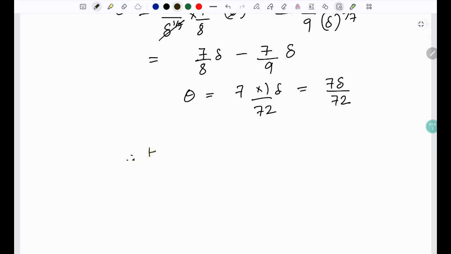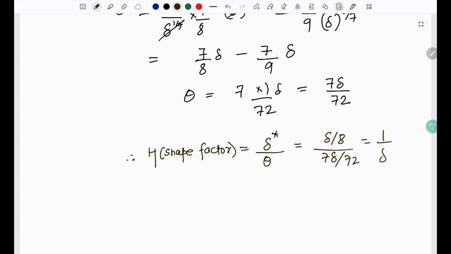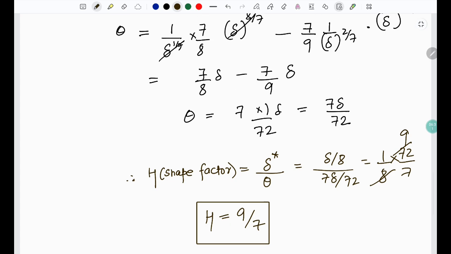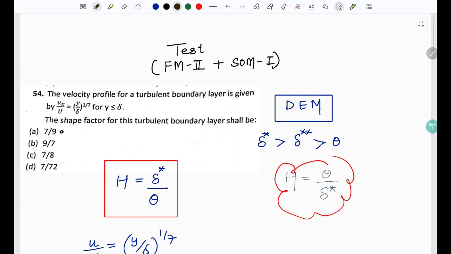Therefore shape factor will be equal to d over m, that is delta star by theta, instead of theta by delta star. That will be nothing but delta by 8 over 7 delta by 72. That will come out to be 1 by 8 times 72 by 7, so that the answer H comes out to be 9 by 7, which is the B option, whereas I did it wrong.